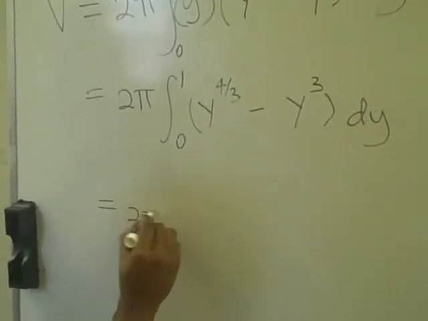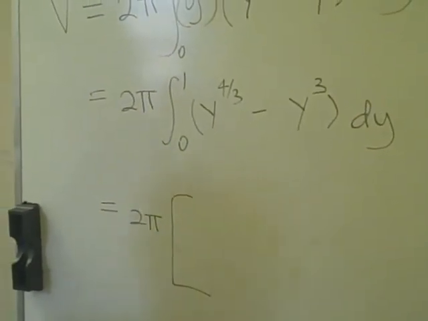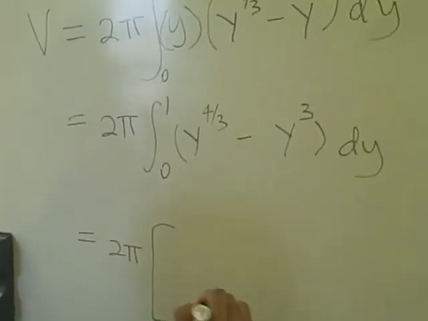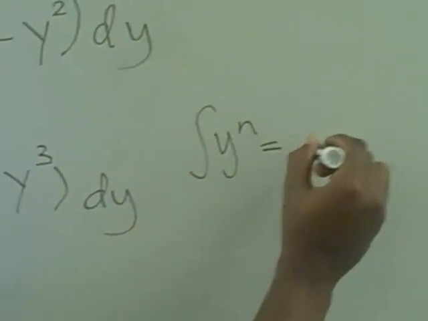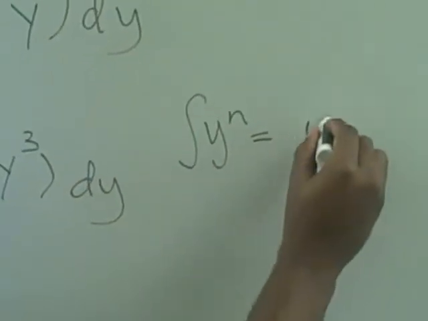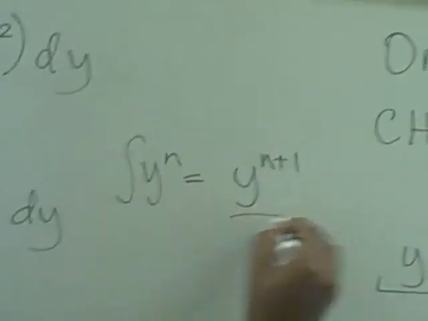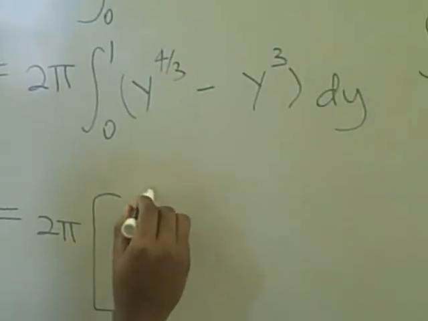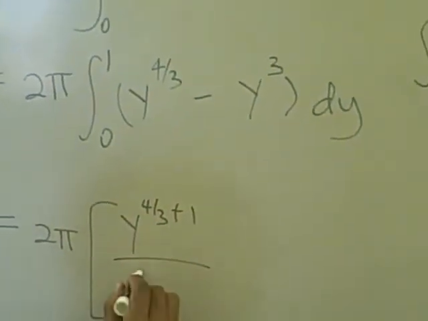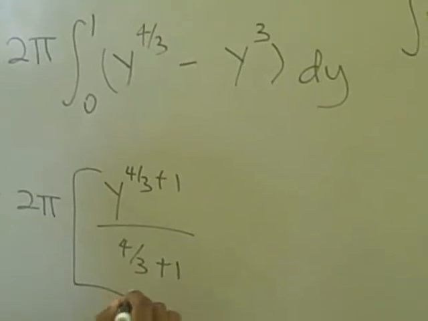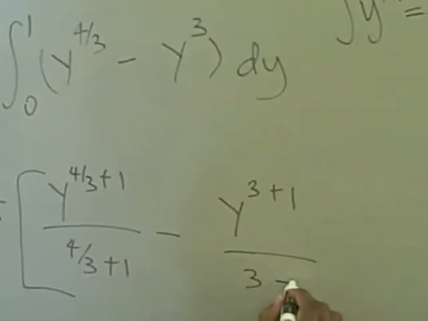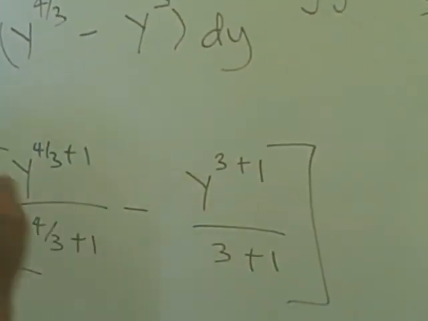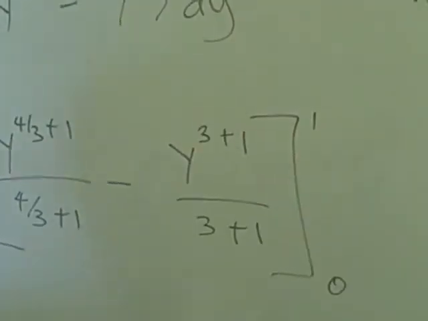So if you integrate this, remember how to integrate: if you have y to the n, the integral is y to the n plus 1 divided by n plus 1. So basically this one is going to be y to the 4/3 plus 1 divided by 4/3 plus 1, minus y to the 3 plus 1 divided by 3 plus 1, from 0 to 1.